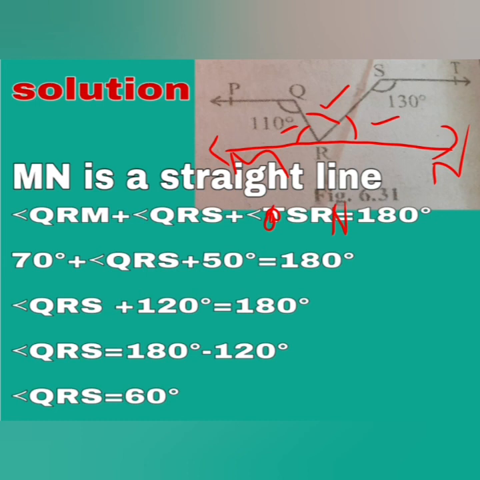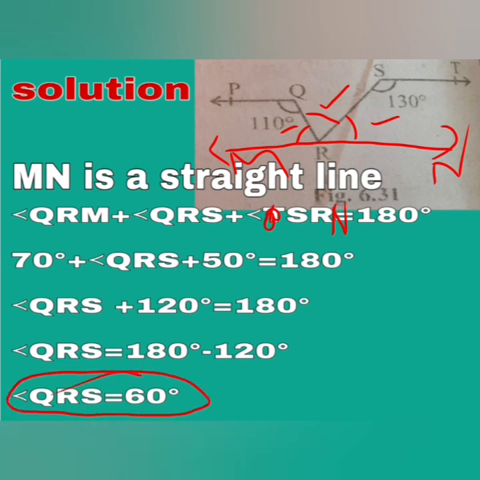QRS we don't know, so we will keep it as it is. 70 plus 50 is 120, so QRS is equal to 180 degrees minus 120 degrees. So the value of QRS is equal to 60 degrees.